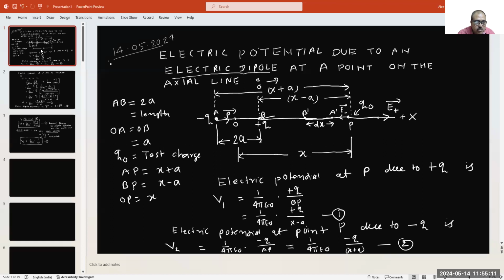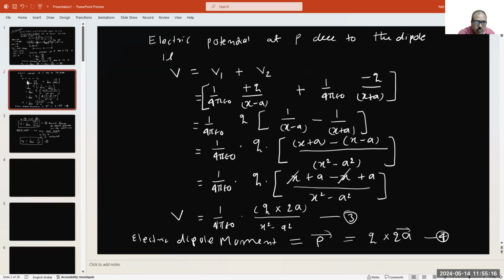Similarly, by utilizing the principle of superposition, by writing the superposition principle, V1 plus V2, and putting all these values, taking common Q, taking the common factor 1 upon 4 pi epsilon naught outside, we are making use of the 1 upon 4 pi epsilon naught.